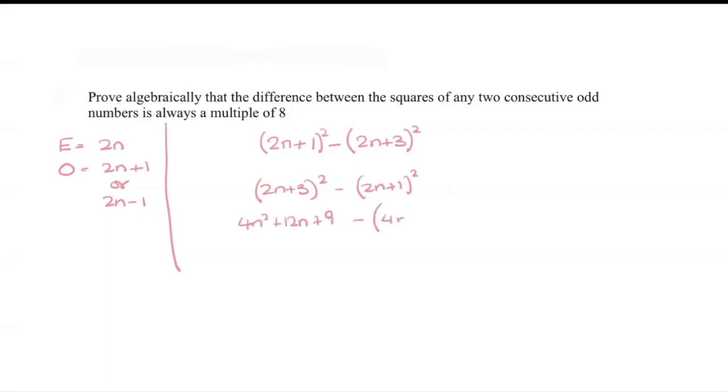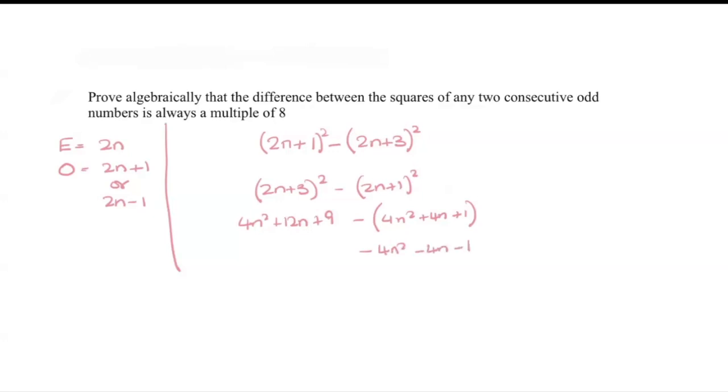So the first one will come out as 4n squared plus 12n plus 9. And the second one is coming out as 4n squared plus 4n plus 1. But please remember, we're going to subtract all of that expanded expression. And when you do that, you create the bracket needing to be multiplied through by that minus.